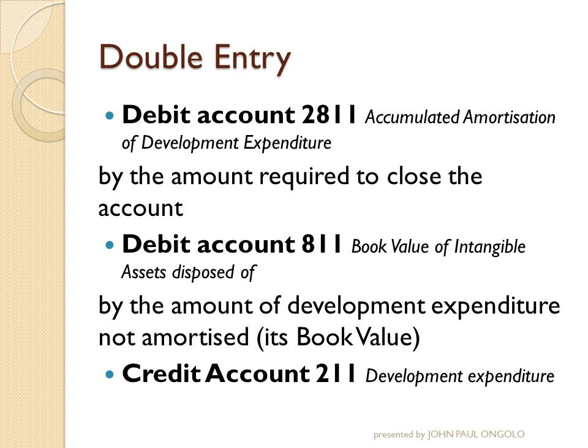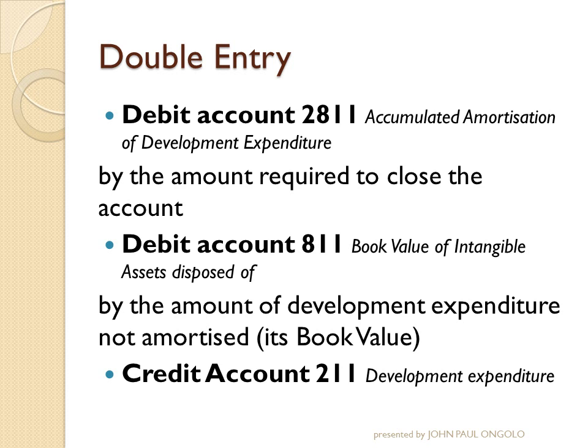It means first we are going to close the account of accumulated amortization of the development expenditure by debiting the account by the balance required to close the account. Remember that account is usually a credit account, and so by debiting it, we are closing the account.